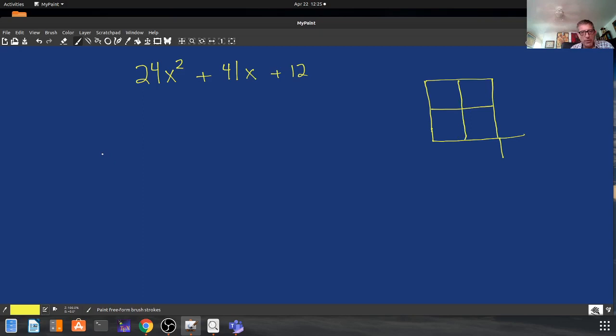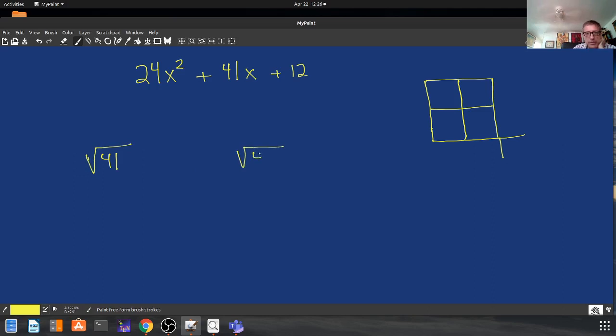How do I know 41 is prime? Well, there's a theorem that says 41 has to be divisible by a prime that is less than its square root.